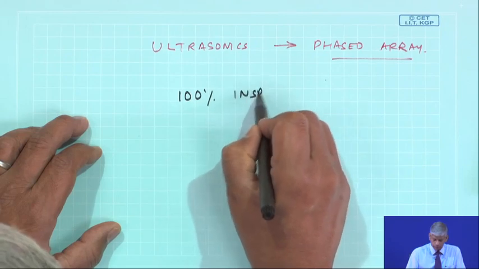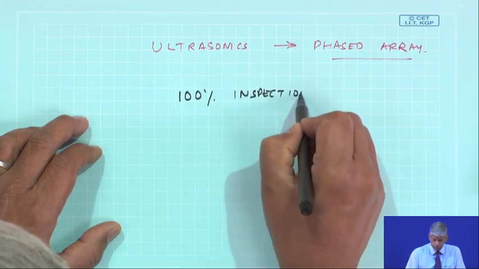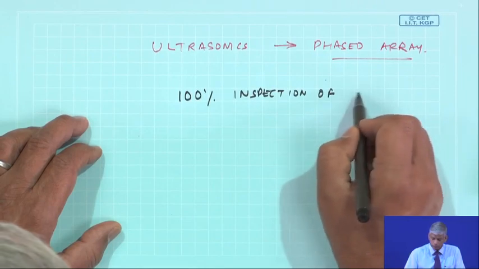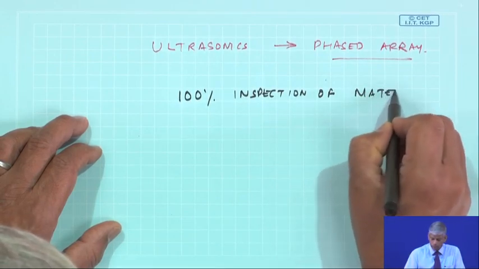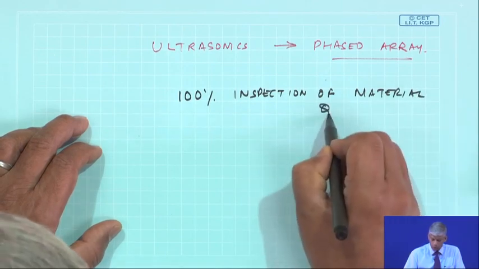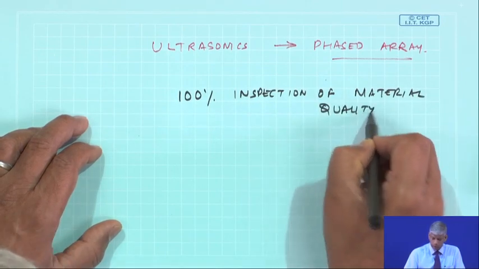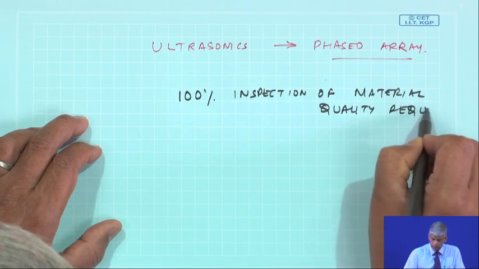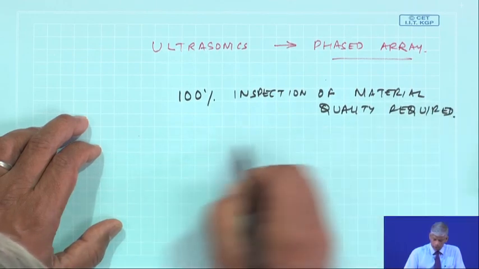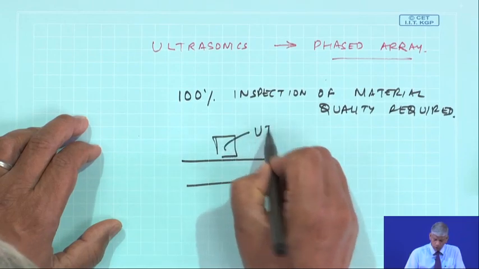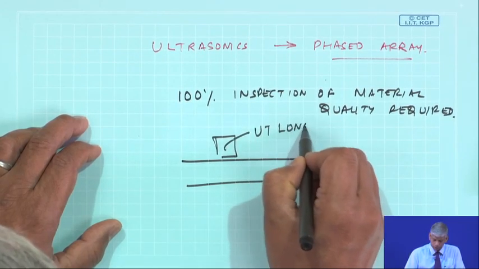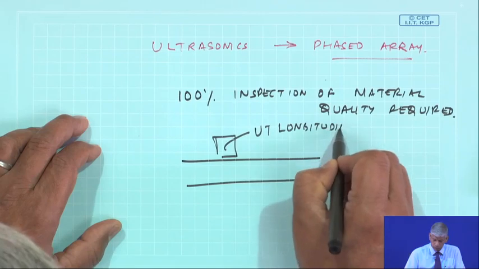100% inspection of material quality required, it becomes time consuming to just do a scanning with one UT longitudinal probe.